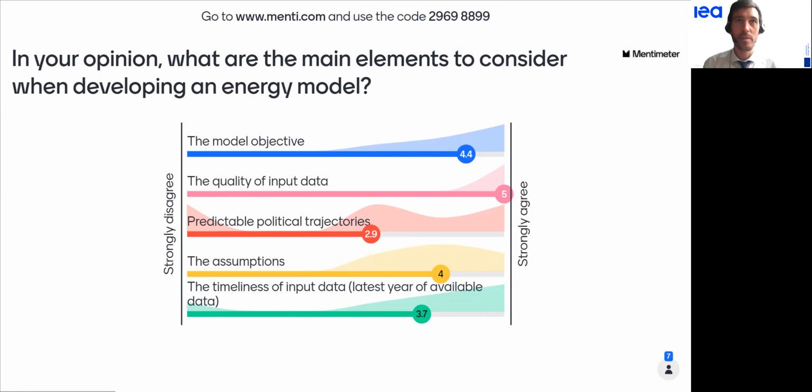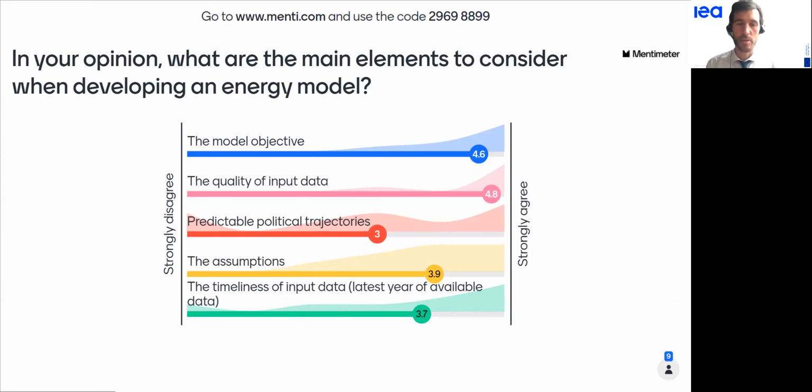Okay, so the quality of input data is ranking very high, and indeed, if we don't have reliable input data, you won't have reliable output results and conclusions. So that's indeed a very important part. The model objective as well, because it's not a tool for the sake of a tool.